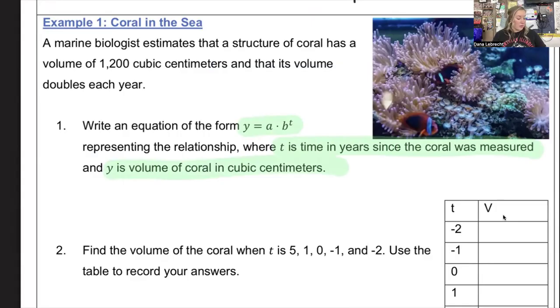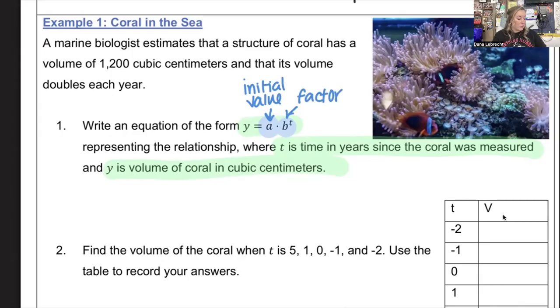So the two things that we need to write our equation is a and b. Remember that a is our initial value and b is our growth factor or decay factor.